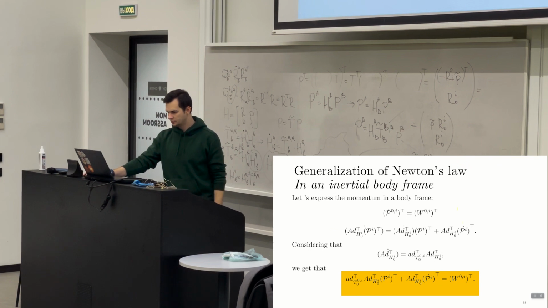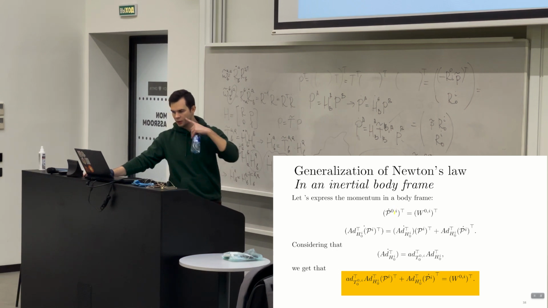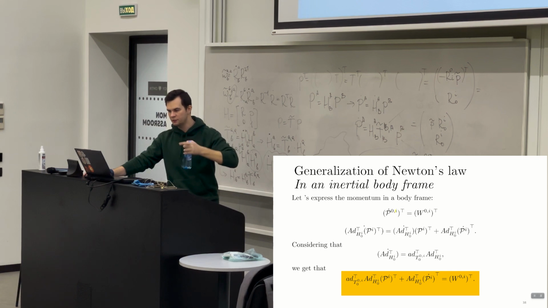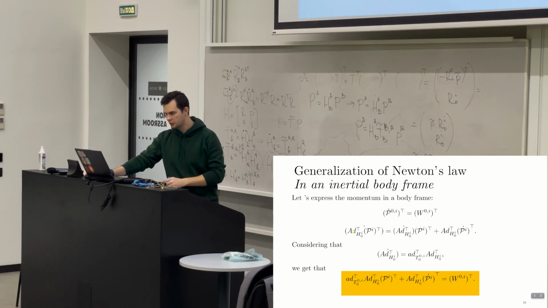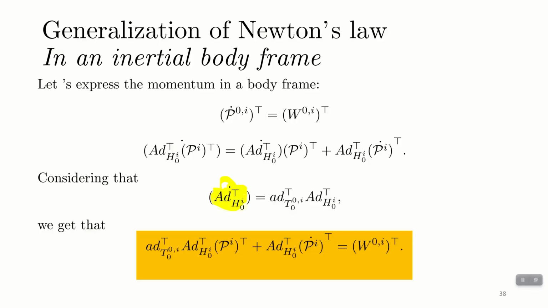If we express the momentum not in the inertial frame but in the body frame, in this case we need to use the adjoint, right? So if we want to switch the frames, we need to use an adjoint. So in the body frame, we need to take the time derivative of the adjoint.